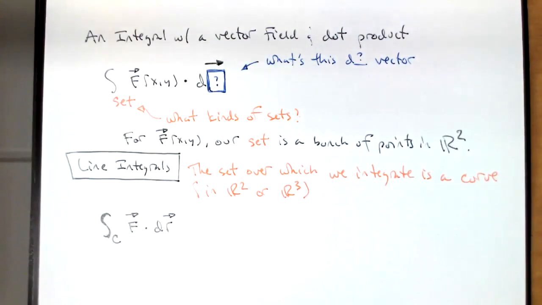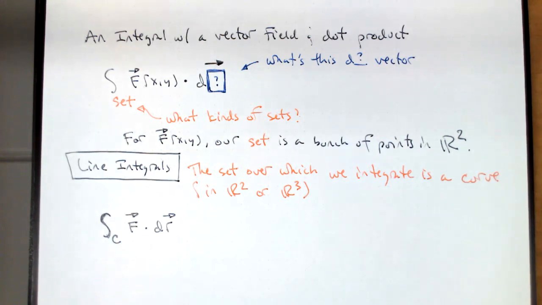Our small piece, the dx or the dA or the dV, what's standing in for the small bit over which we assume that the function is constant, has to be a vector because we're making a dot product, and we're going to call it dr. The same kind of thinking that goes into building any integral goes into building this line integral.